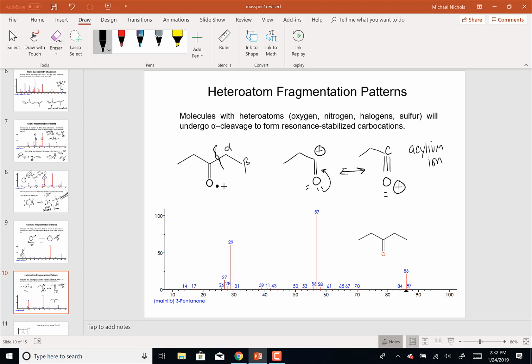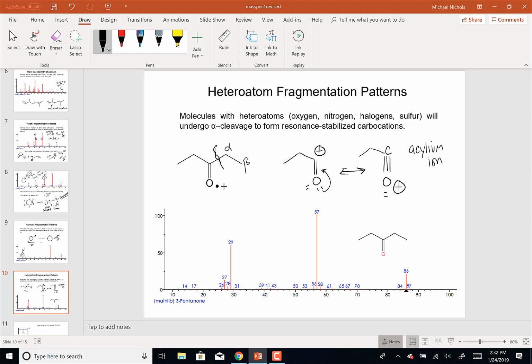And so 29 is the loss of an ethyl group. And that's what I did. I lost an ethyl group when I did my alpha cleavage. So there's my acylium ion at 57. Well, even 29 shows up, because I'm losing the ethyl group, and when the ethyl group is a carbocation, it shows up as 29.